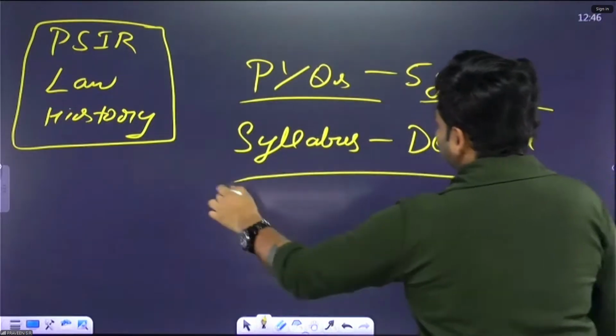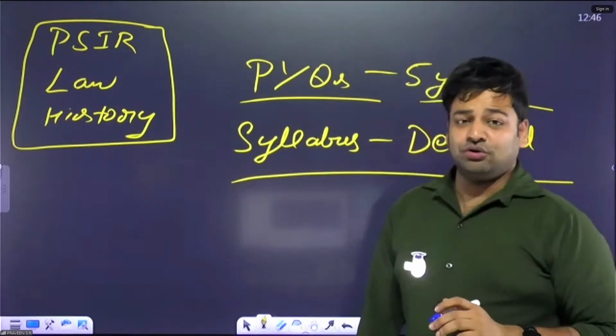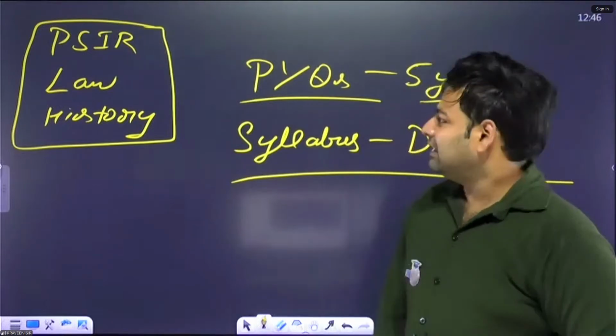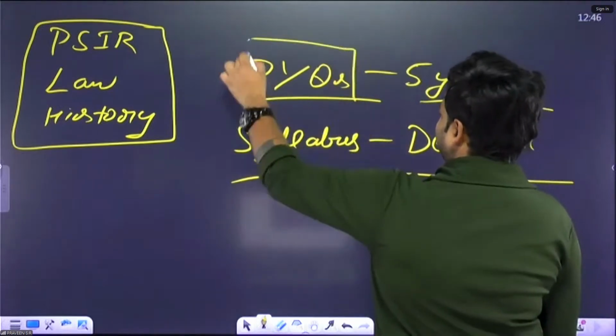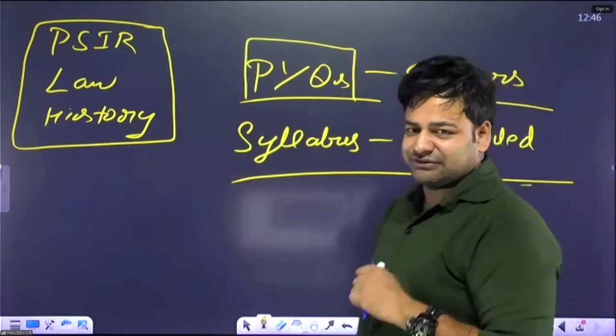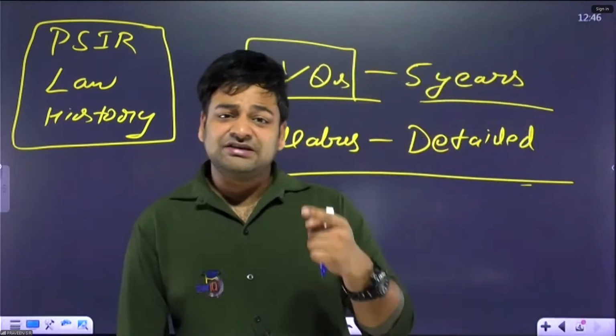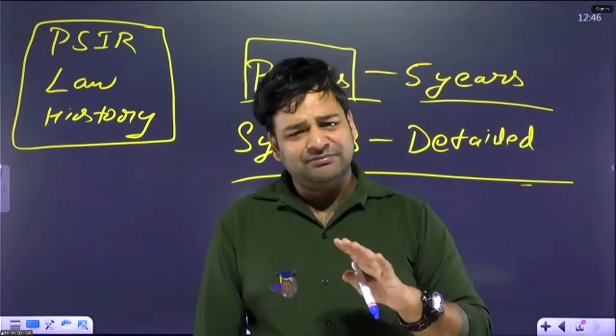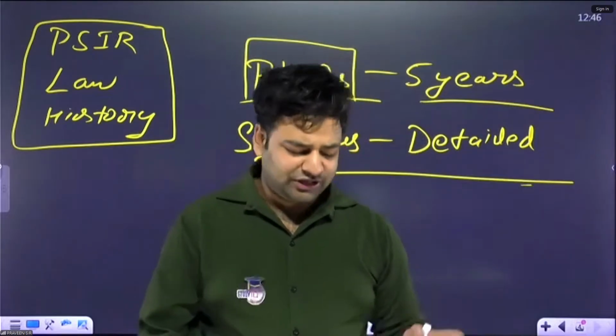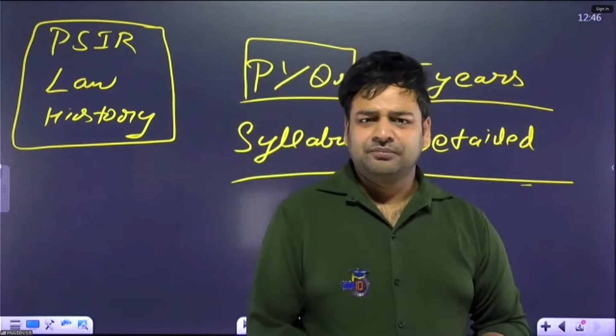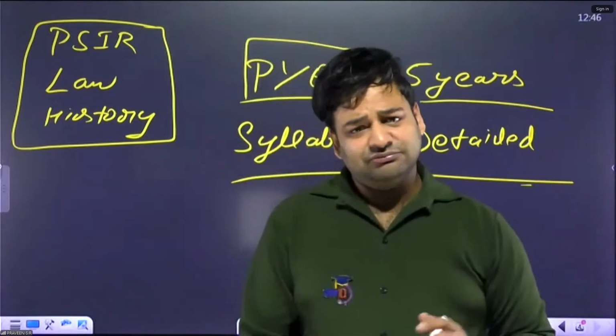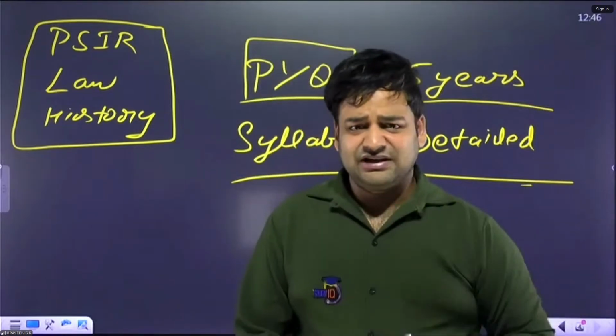Because many times it might happen, it happens, that watching the PYQs of a subject might seem difficult, but watching the syllabus of the same subject might seem easy, might seem that, okay, it is in my radar. It can happen vice versa as well.